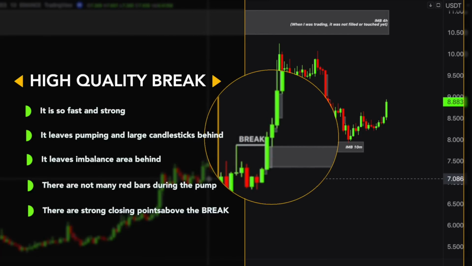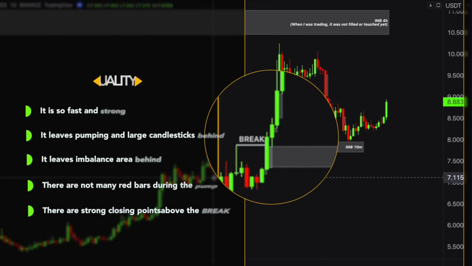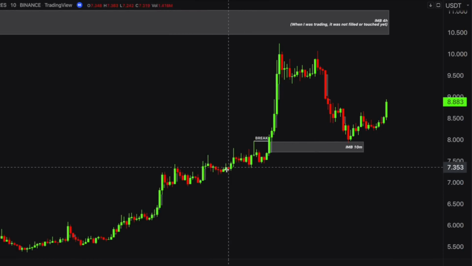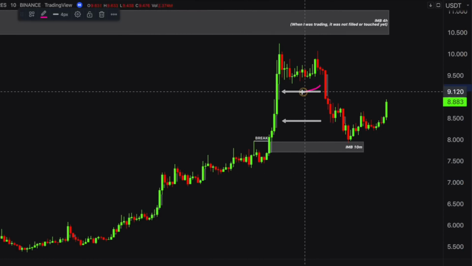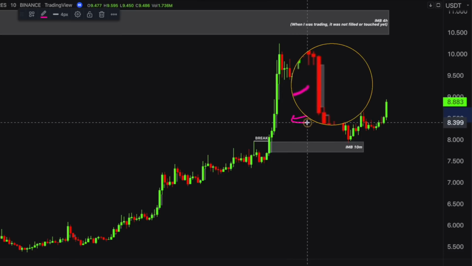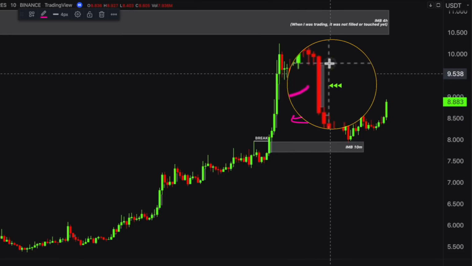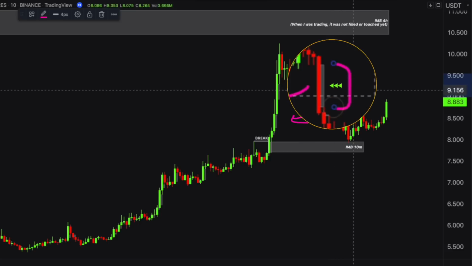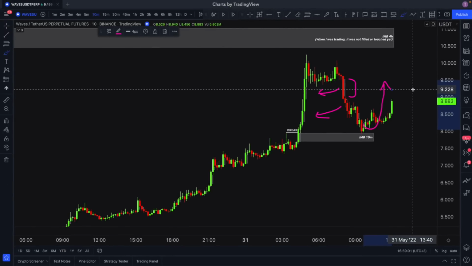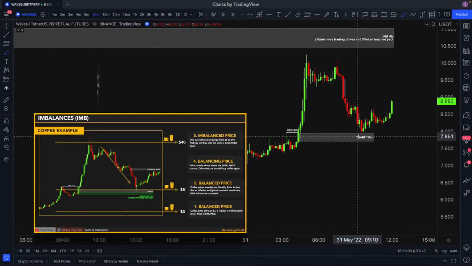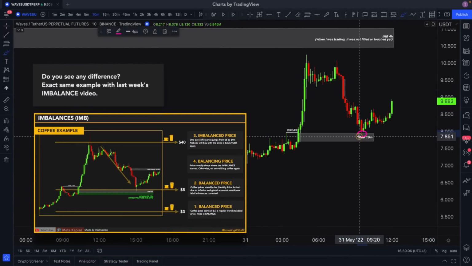There are strong closing points above the break. As you can see, the pullback was filling all these imbalances to balance the price. Furthermore, it was leaving these giant imbalance areas for me as targets, so I could use them. Finally, the price came down and tapped the imbalance area in my entry zone.